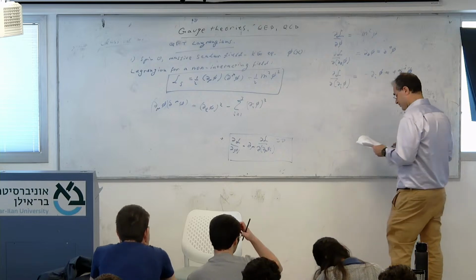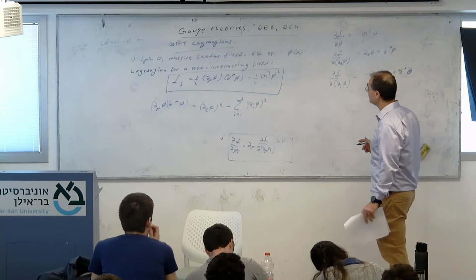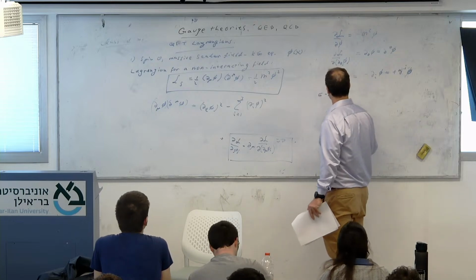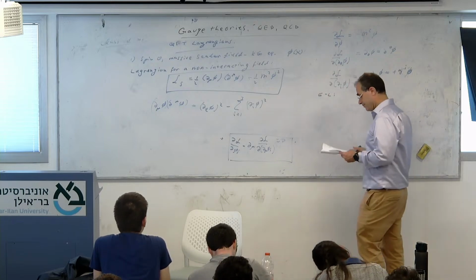Now the Euler-Lagrange equation, which is the equation of motion. What do we get?